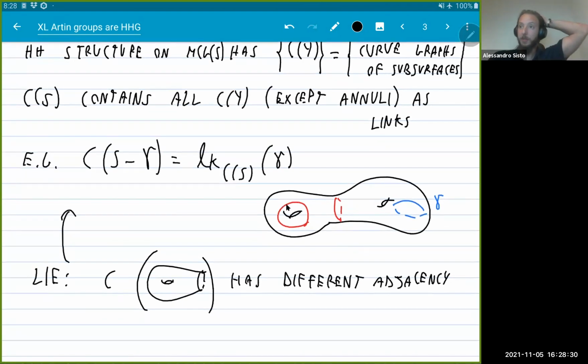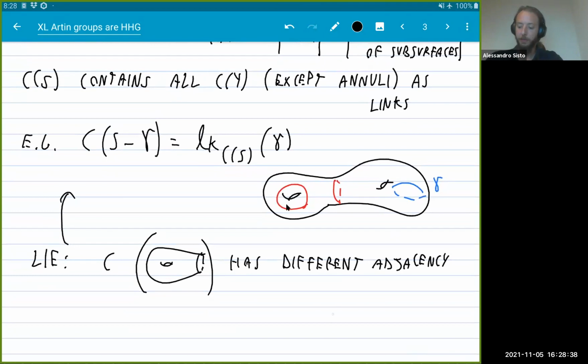So it's not disjoint curves, but it is curves that intersect minimally. So that is to say that you will have links whose vertex set coincides with the vertex set of the curve graph of the one-holed torus, but it won't be isomorphic. You know, it won't be the same graph.